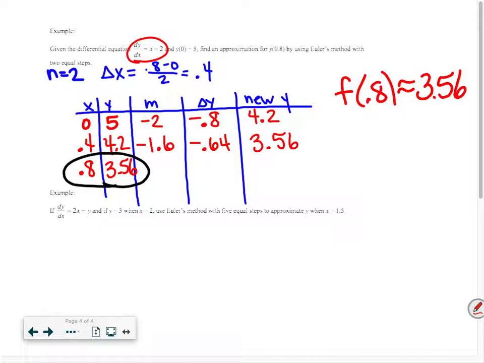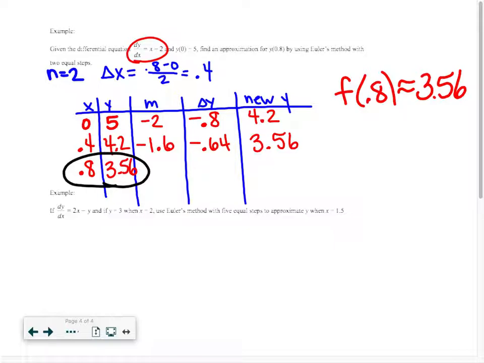Isn't that fun? Now this is one that we could actually solve using a differential equation. If dy/dx is x minus 2, then y would be 1/2 x squared minus 2x plus c.